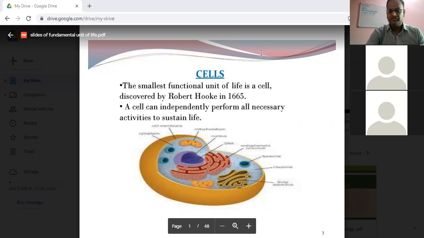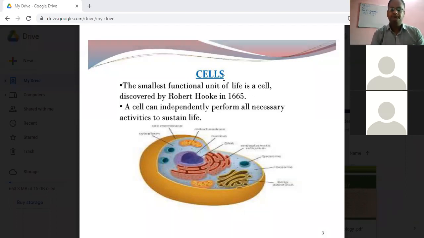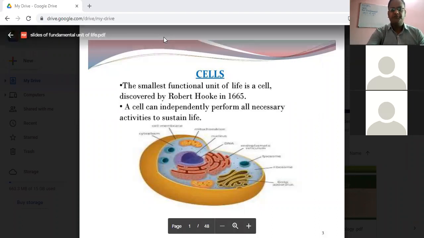Yes, Shripati, go ahead. Certain basic functions like nutrition, reproduction, respiration are done by the cell. These are necessary for the development of human beings and are done by the cell. Therefore, the cell is called a structural and functional unit of life. Very good, Shripati, very correct.